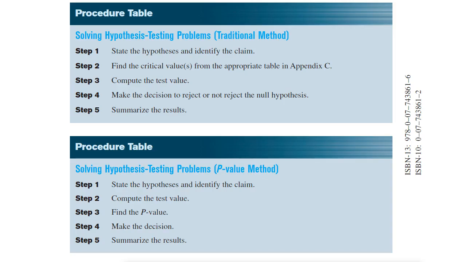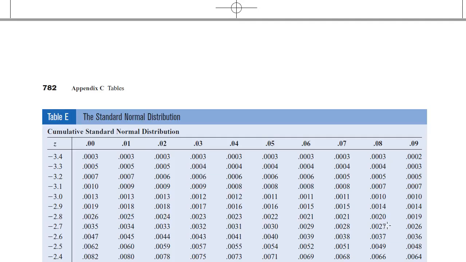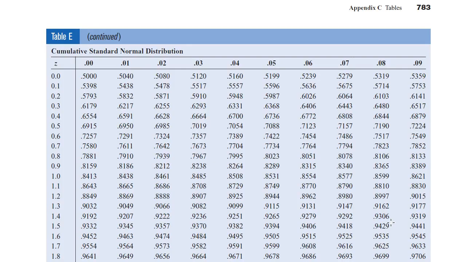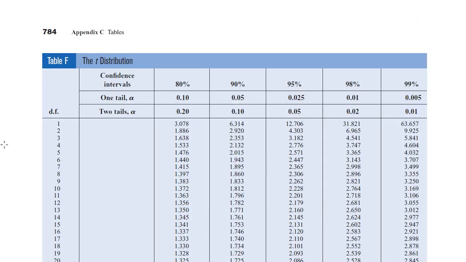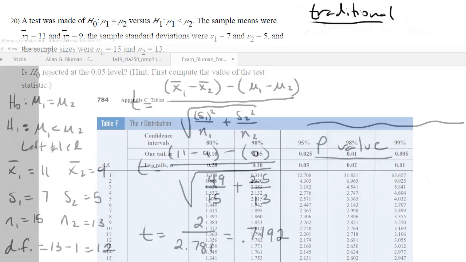There's my table. Degrees of freedom are 12. 0.05 one-tailed, see that? Degrees of freedom are 12, 0.05, 1.782.